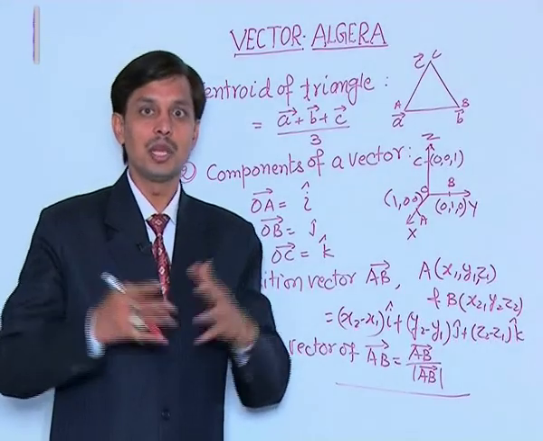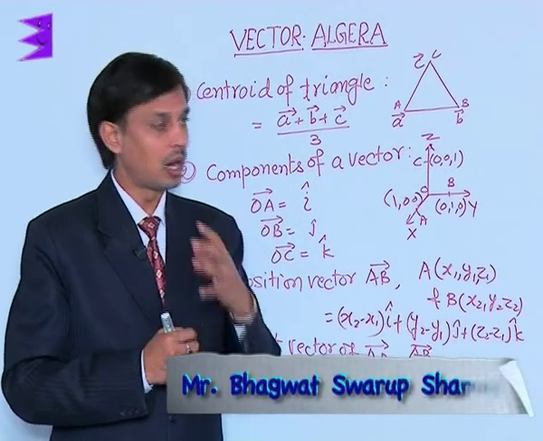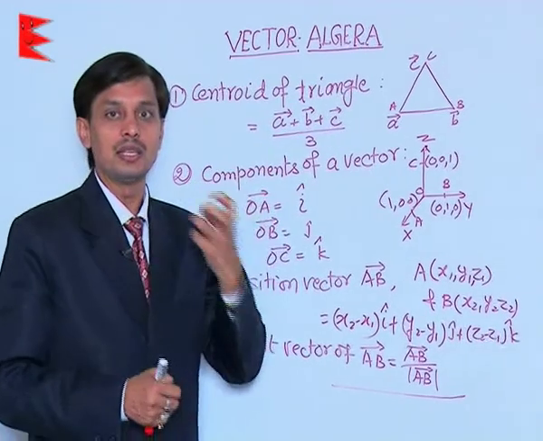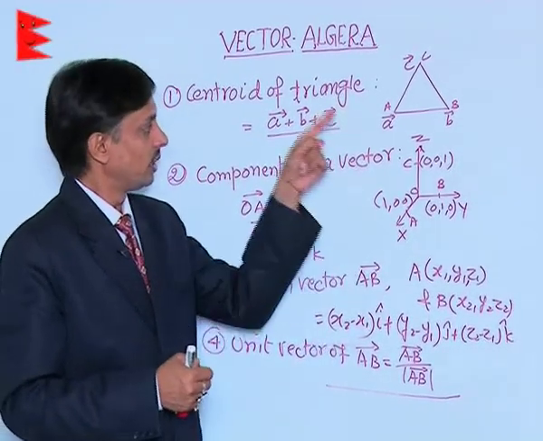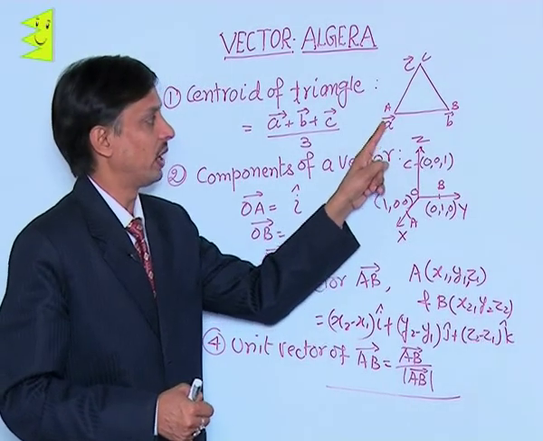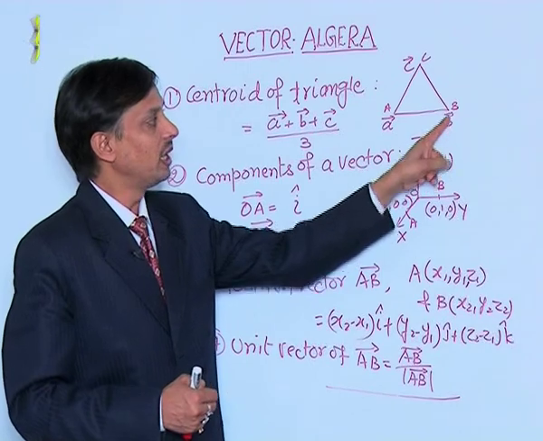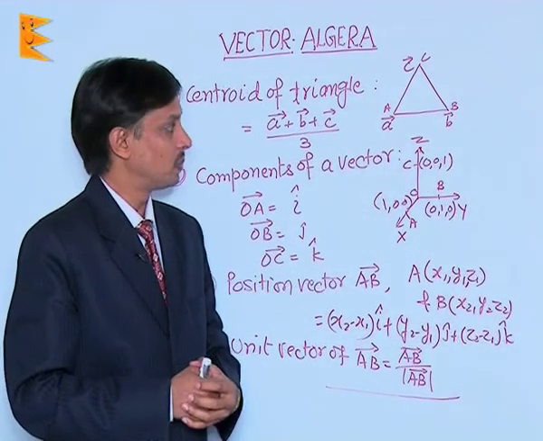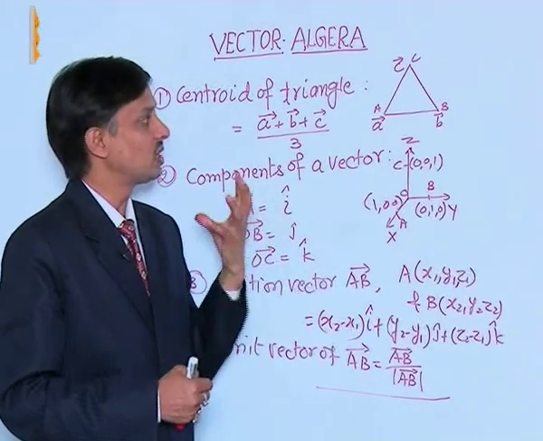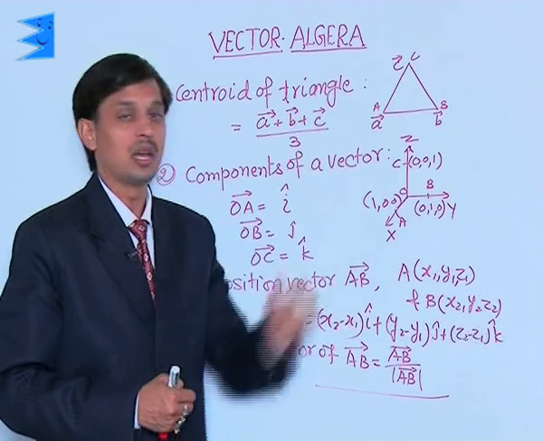Now I want to share with you a few more facts about vectors. If the centroid of a triangle is required, with vertices having the position vectors vector A at vertex A, vector B at vertex B and vector C at vertex C, these are the position vectors of the vertices of triangle ABC.